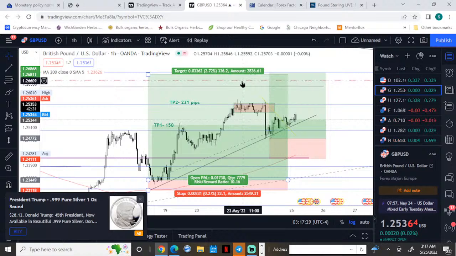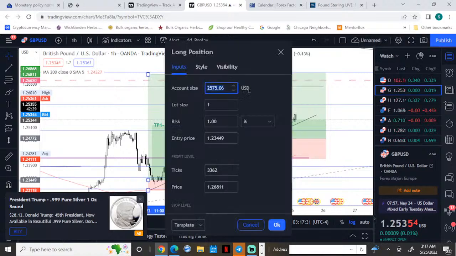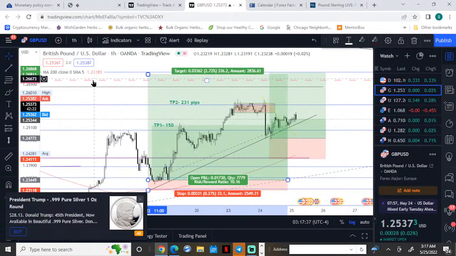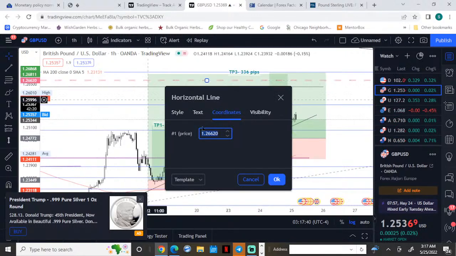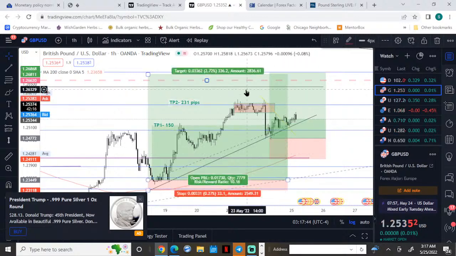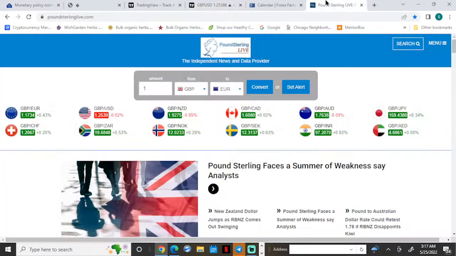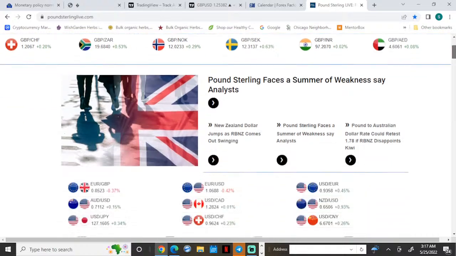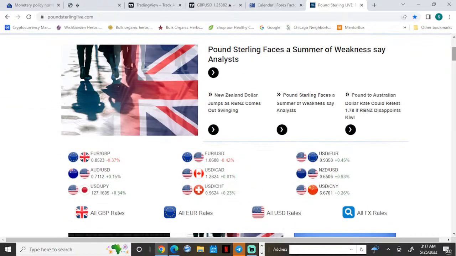So I just marked that with this pink dotted line. Make sure. There we go. 1.2662. Just to keep track with it, see what happens. Let's see if we have any new news this morning that is relevant to GU.